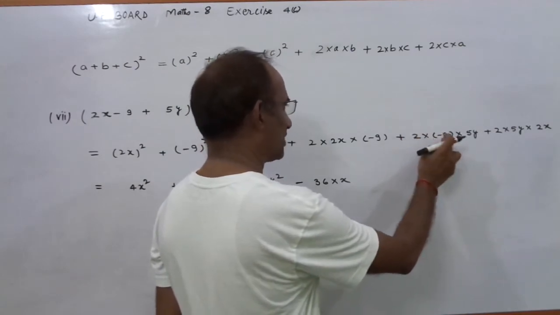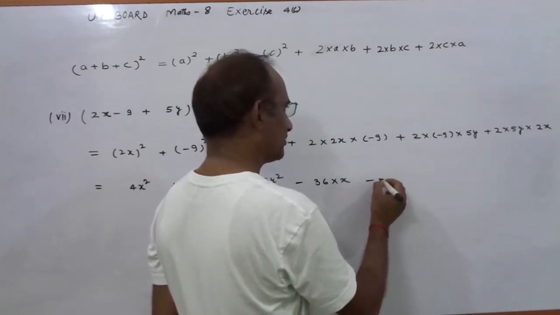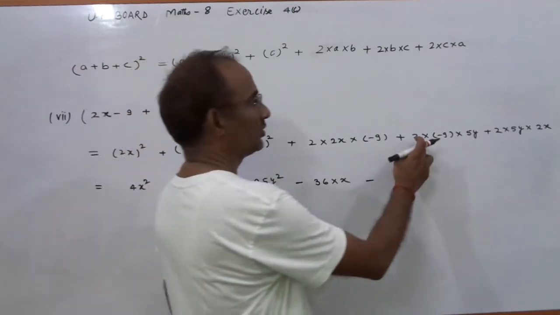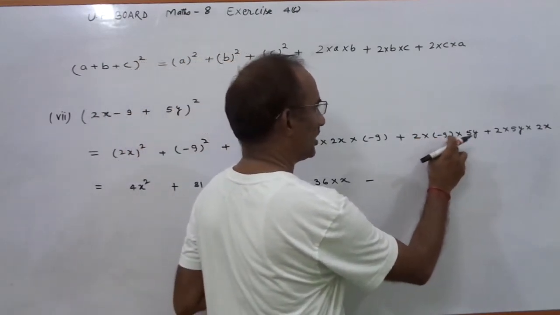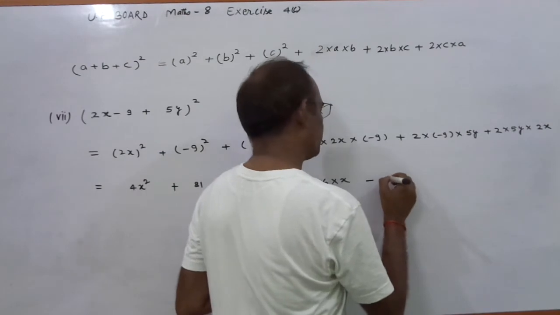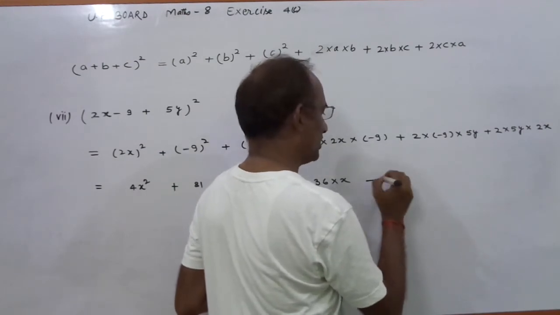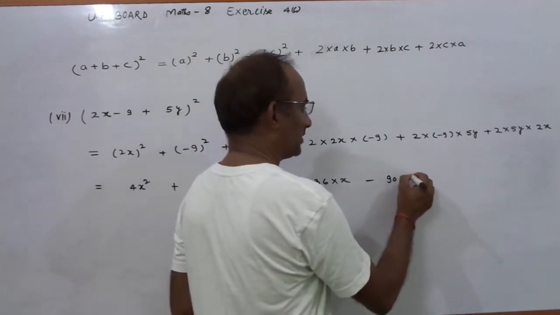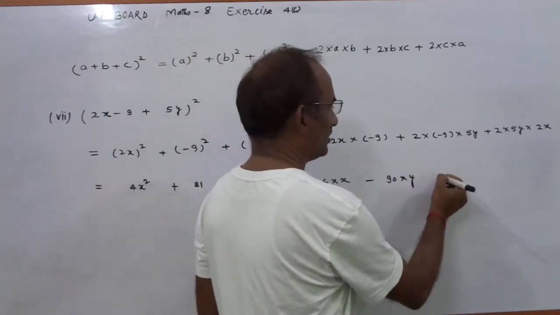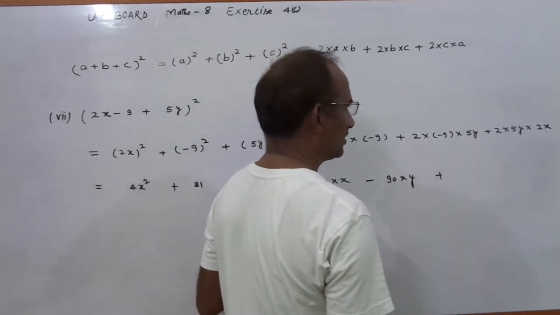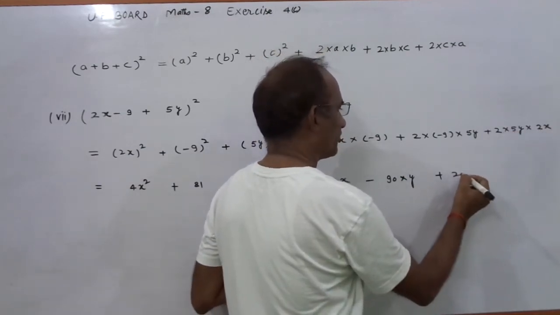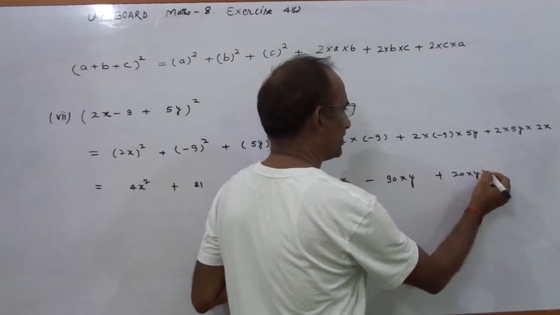When plus is multiplied with minus we get minus sign, and 2 9 ja 18, 18 5 ja 90, multiplied with y only, and plus 2 5 ja 10, 10 2 ja 20, 20 into y into x.